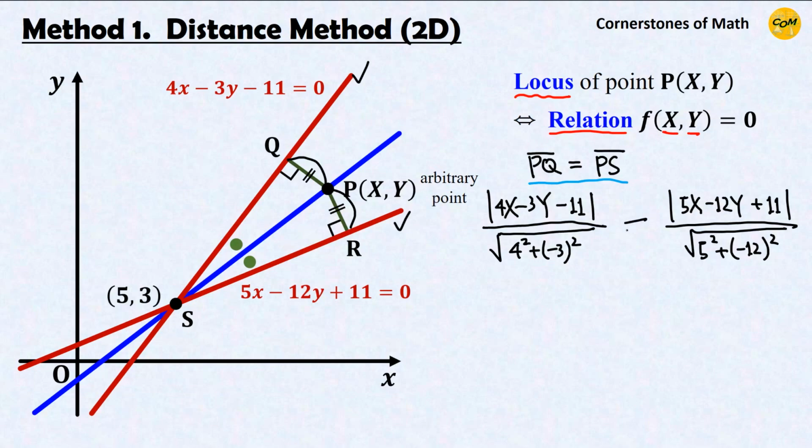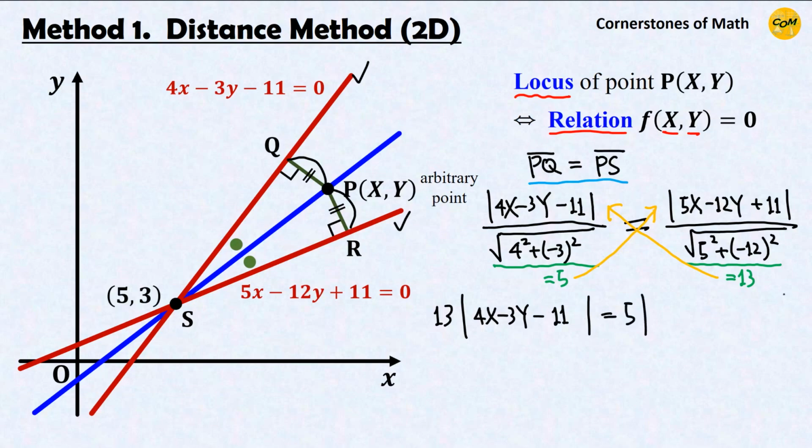And these two distances are equal. Here, this denominator is 5 and this denominator is 13. So we have 13 times the absolute value of 4x minus 3y minus 11 equals 5 times the absolute value of 5x minus 12y plus 11.